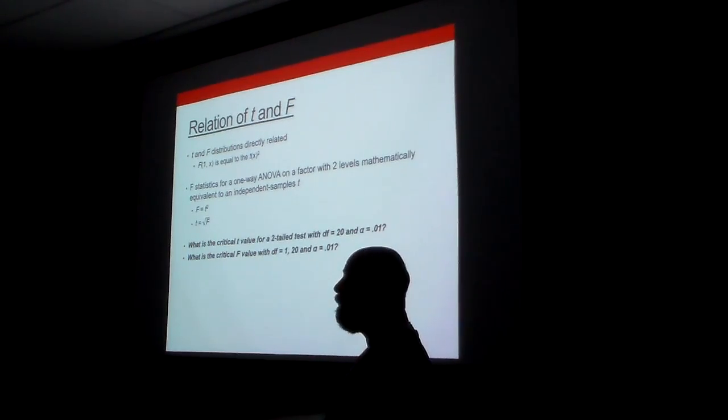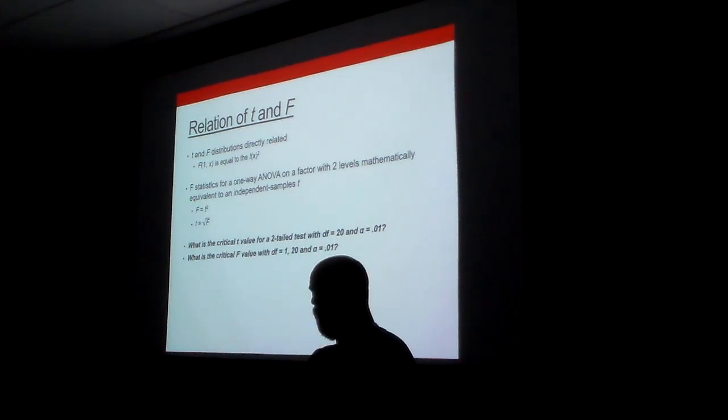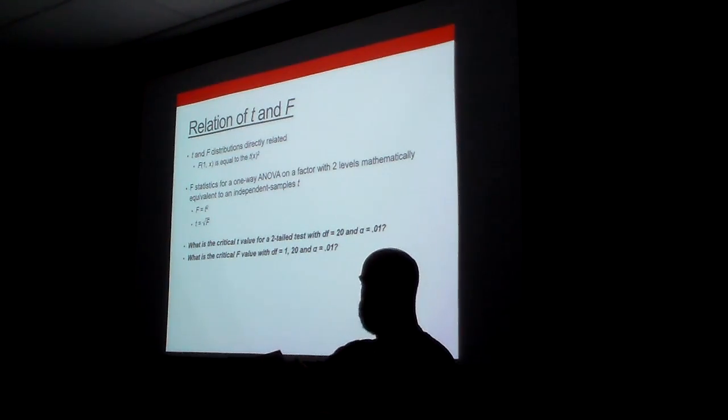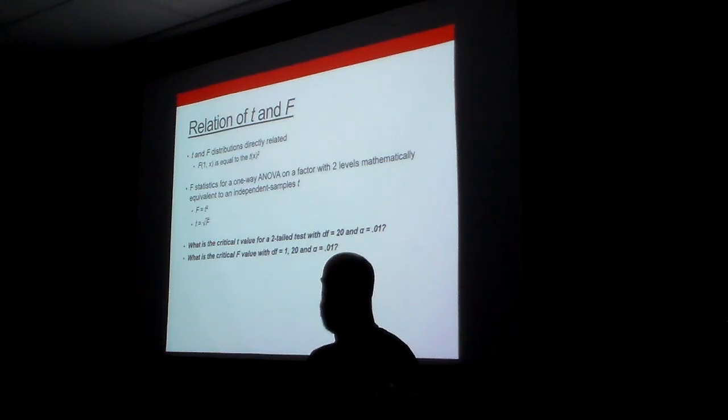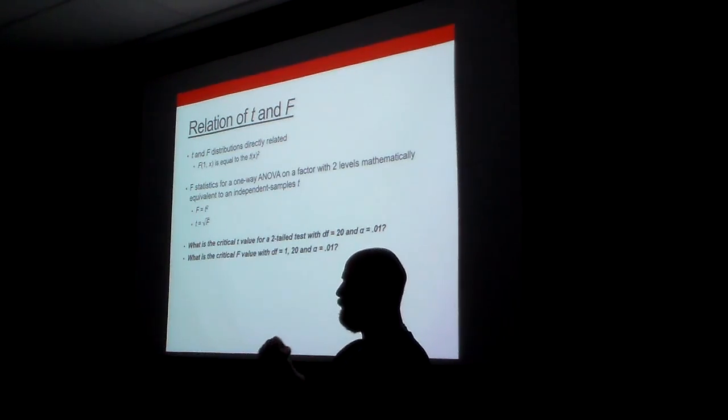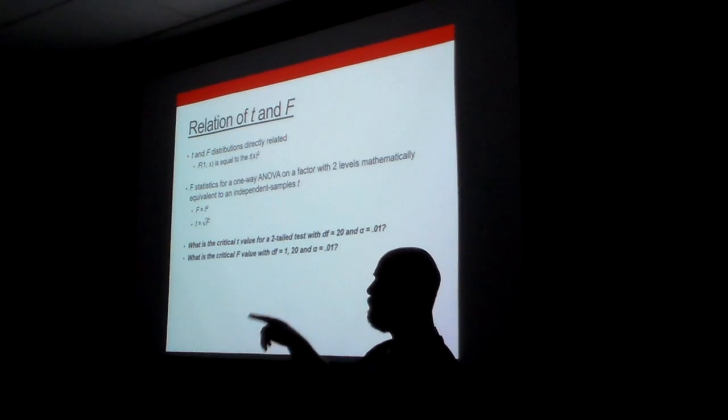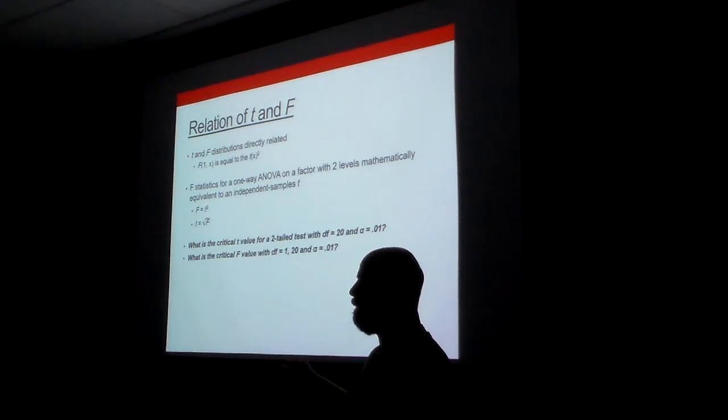If I look at this F table, at the column with 1 degree of freedom in the numerator, and for each degree of freedom I take the square root of those values, I would perfectly reproduce the corresponding values on the T table, right? If I take a T statistic for a corresponding degree of freedom and square all those values, I'm just going to get an F table. So it moves back and forth between these.